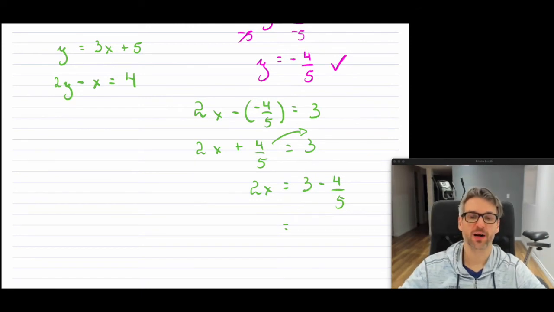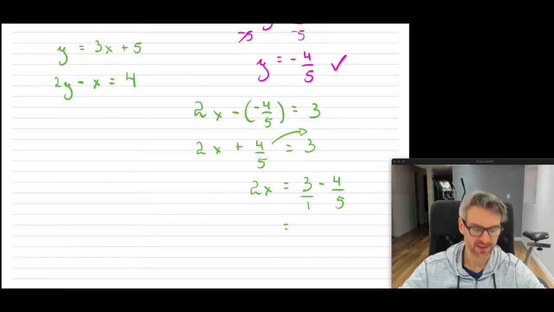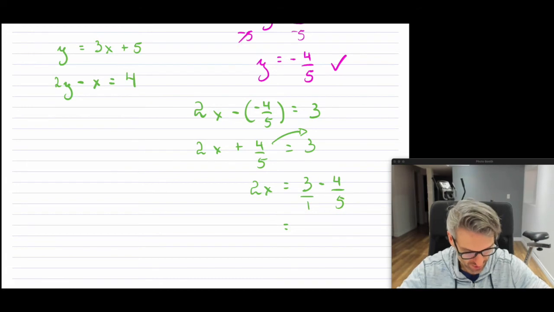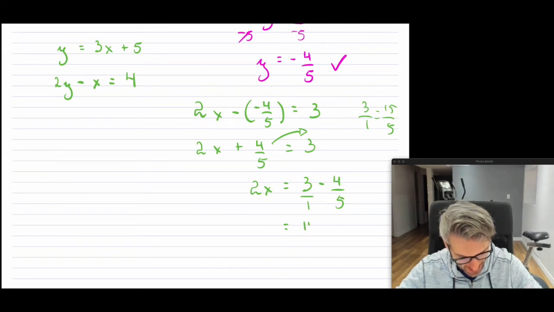All right, so I can find a common denominator. The 3 really is just 3 over 1, which is 15 over 5. And 15 minus 4 is 11, so that's 11 over 5 equals 2x.